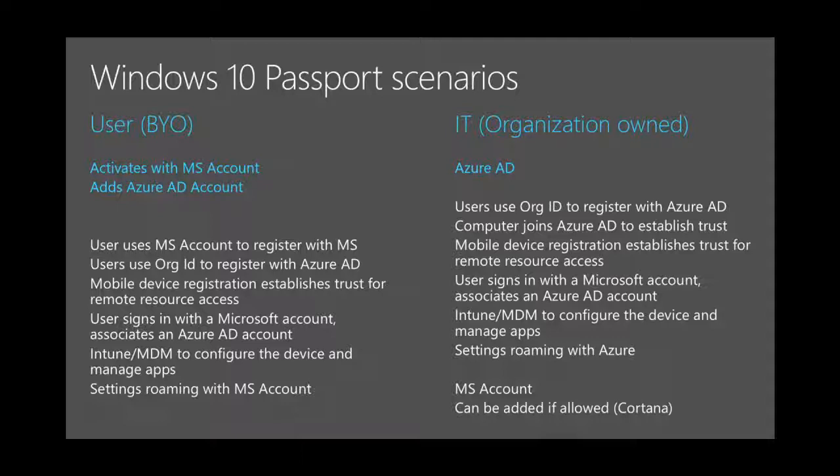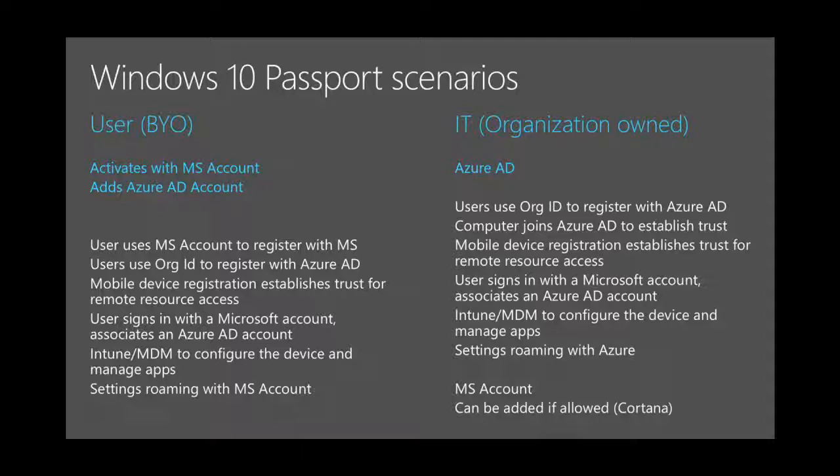When the device is activated with a corporate identity, these settings will roam over Azure and be on the business cloud, not the consumer cloud. Of course, you can disable roaming of settings with an MDM system, but that's the difference.